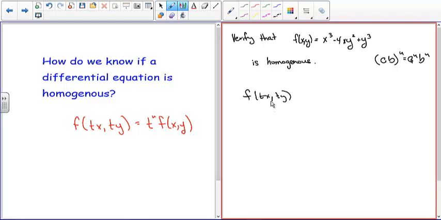What that means is we're just substituting and multiplying. So for x I put in tx, taking the original equation and putting in t times x, and then for y, I'm putting in t times y.